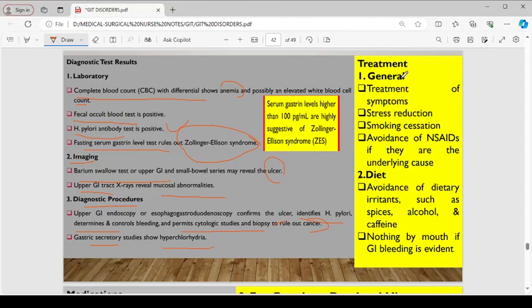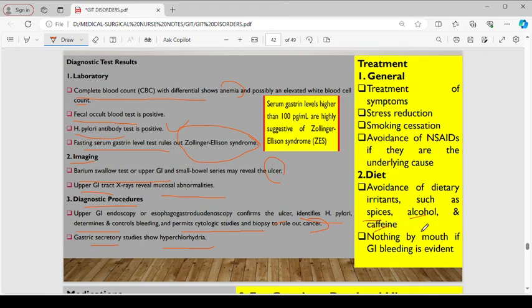In terms of treatment, we could have treatment of symptoms or stress reduction, which are major contributors, smoking cessation, and avoiding of NSAIDs if they are the underlying cause. The diet, we have to avoid dietary irritants such as spices, alcohol, or caffeine.